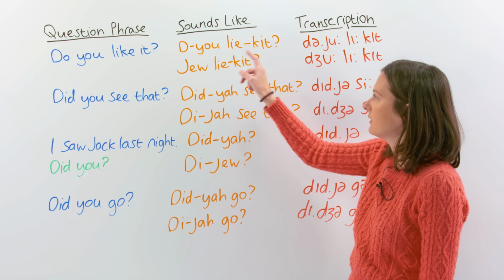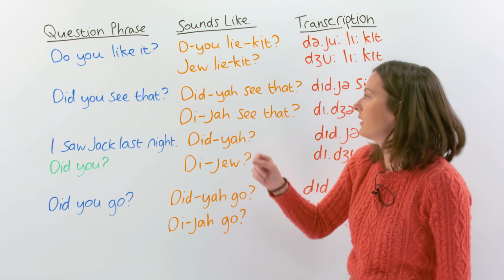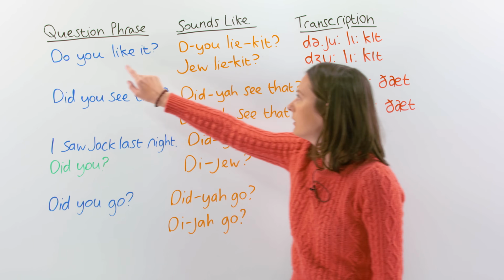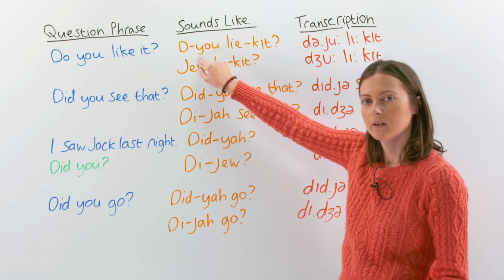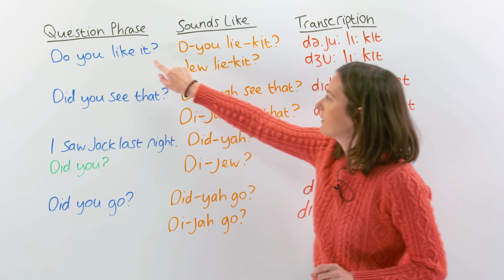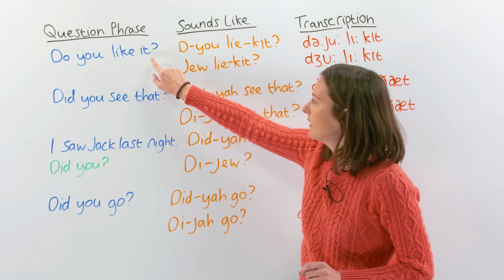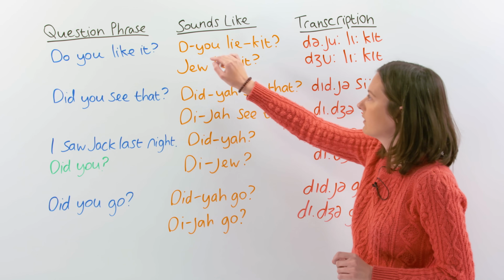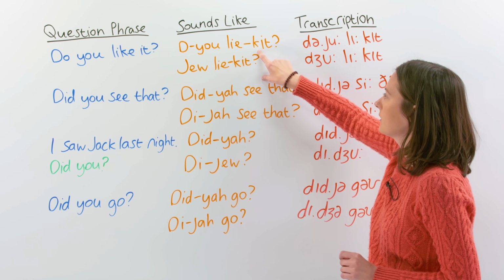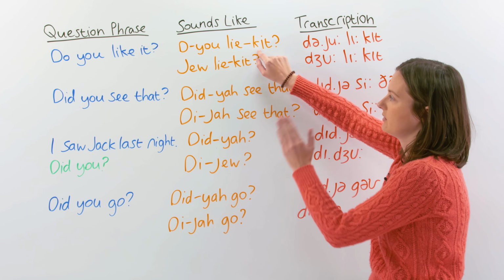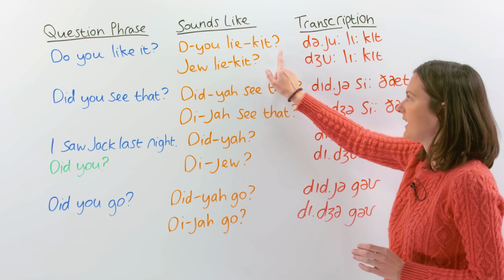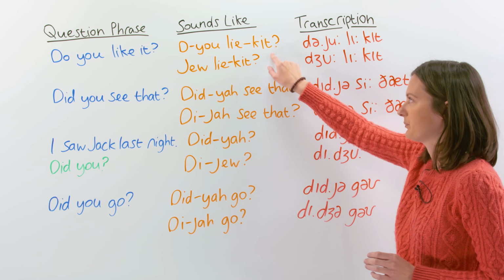What happens is the do and you join. Do you? And the like and the it change. The K goes to the second, the K joins it. Do you like it?